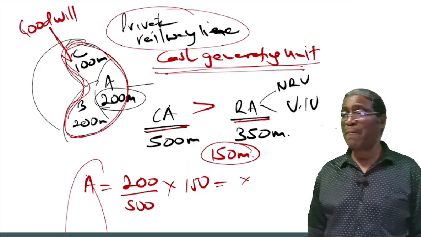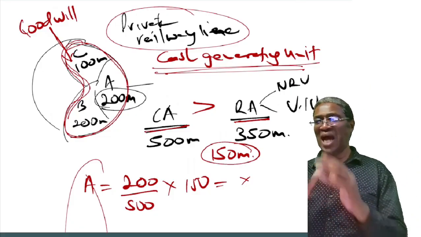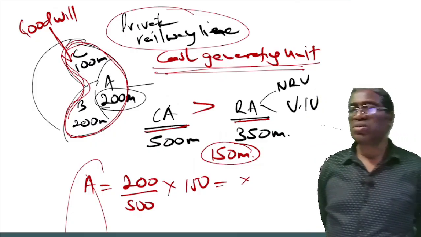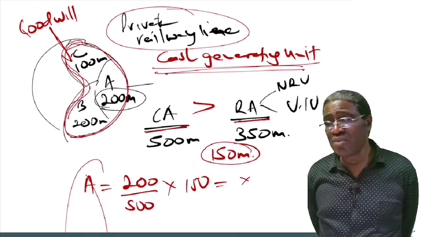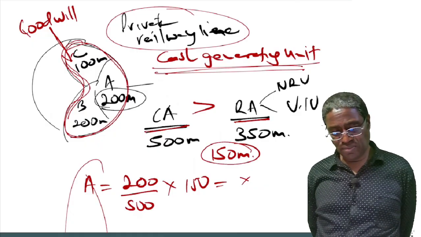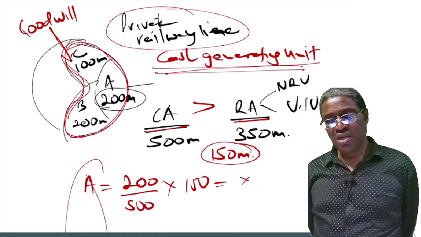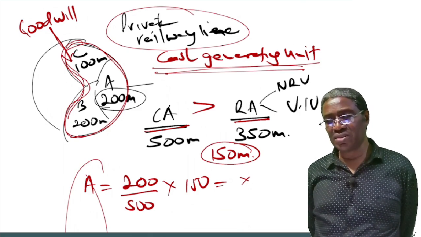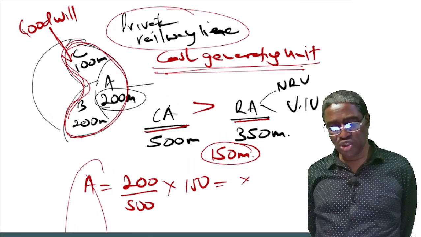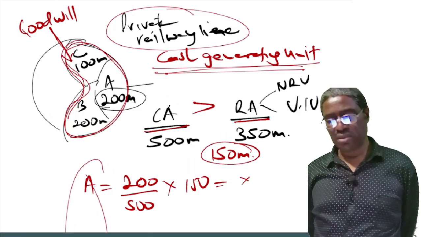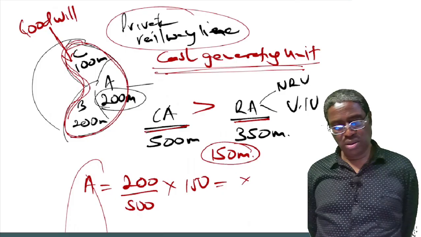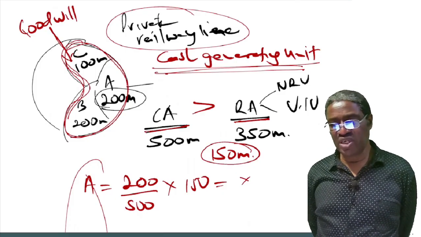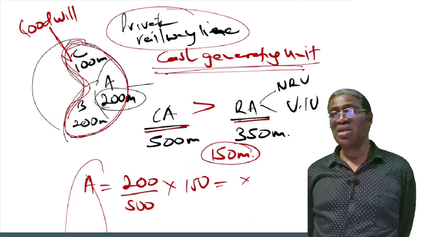Then you say this as a basic rule, comma, the recoverable amount of an asset should be determined for the assets individually.